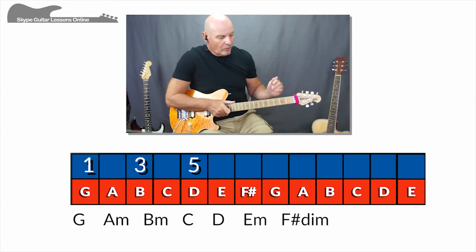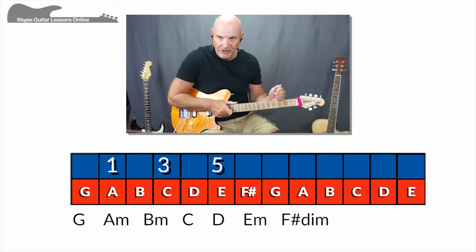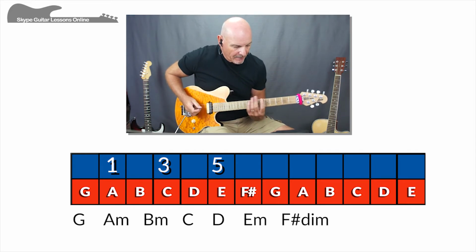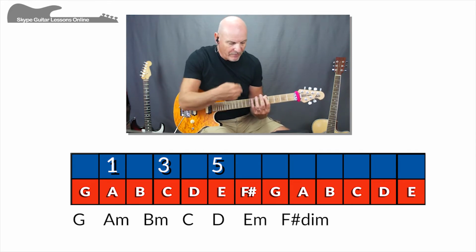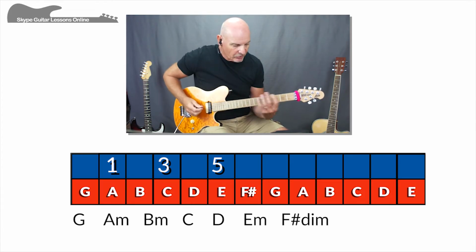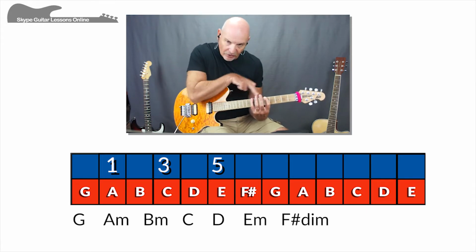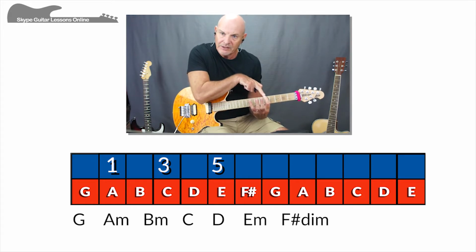Now what we're going to do is move up to the next note in the scale, which is the A. So we're shifting everything up one. We have the A as the root. Now we've got to go to the third, which is shifted up in the scale as well. Before it was going to the B, this time it's going to the C, because that's a third up from this A note.